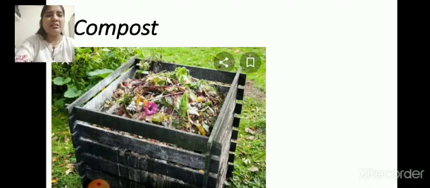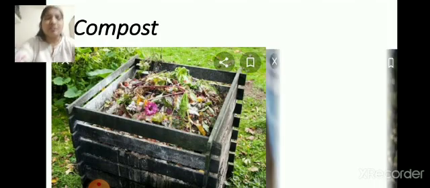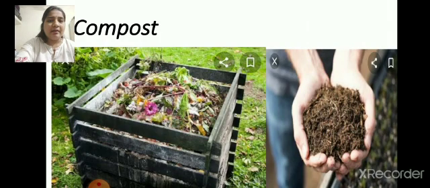Decaying means some material which we are not using, we are throwing, like cabbage or any leafy vegetables. So decaying plant material which is added to the soil to improve its quality is called compost, children. Because of this decaying plant material, we can improve the quality of soil.